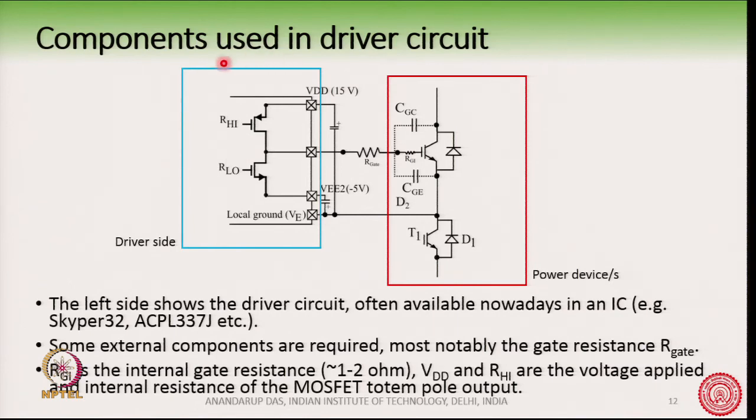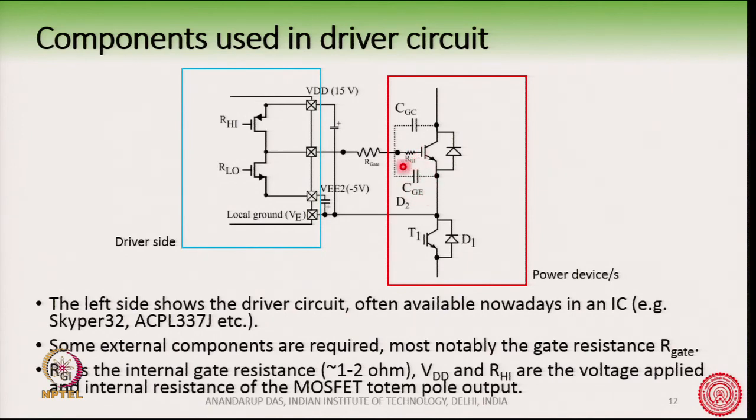So, you can see here I have tried to show the two sides: this is the driver side and this is the power side. This is the half bridge IGBT, the power device with two IGBTs, and you can also see there is a gate collector capacitance and a gate emitter capacitance here.